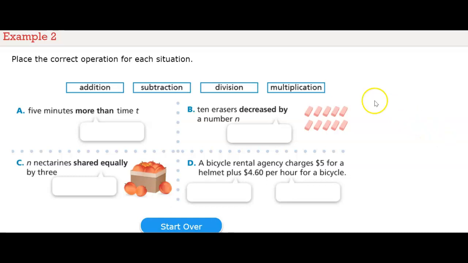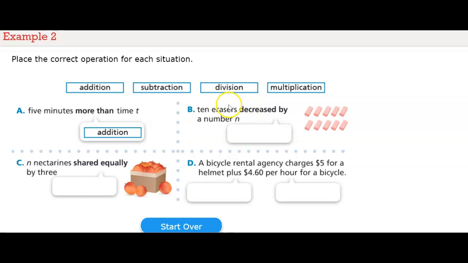We learned in elementary school some of these words that are mentioned in these situations. So A, more than, is in bold. We learned that more than tells us to add, so that would be addition. And then B in bold is decreased by.